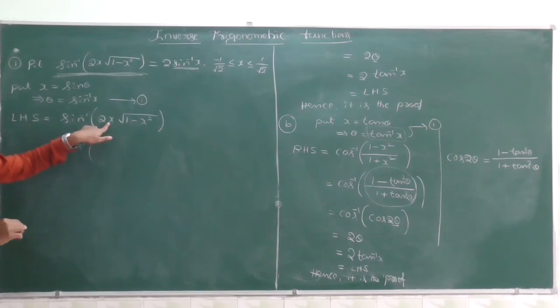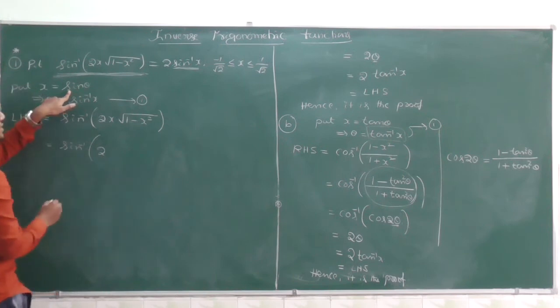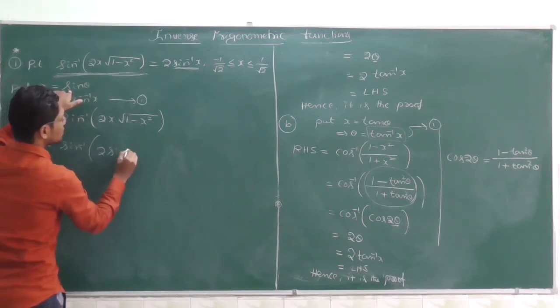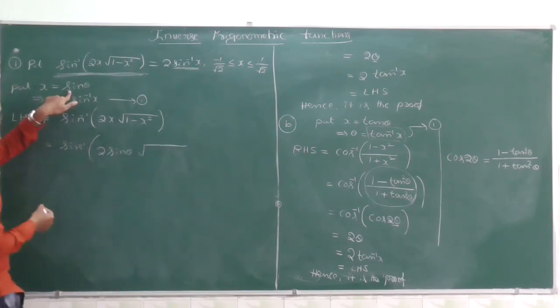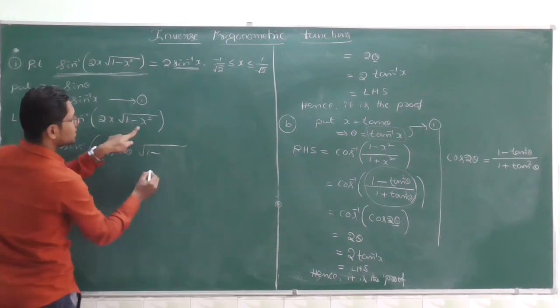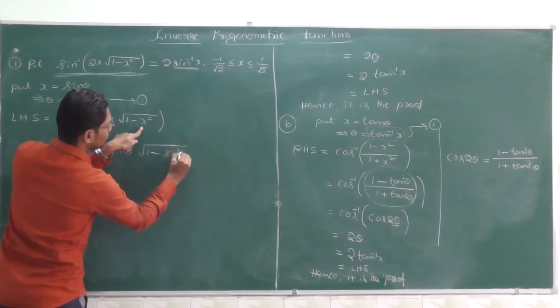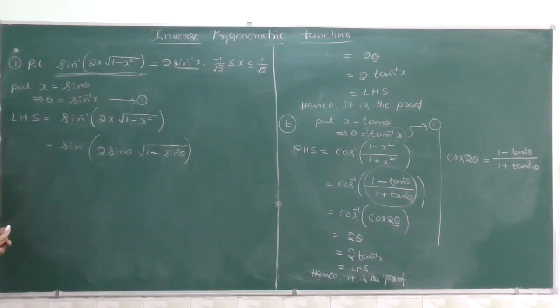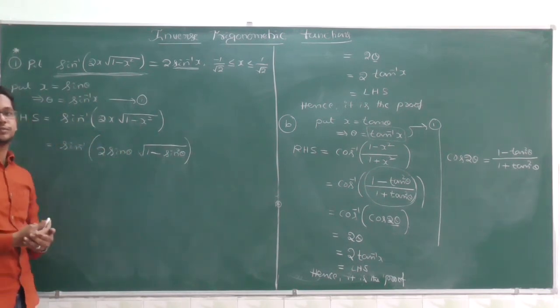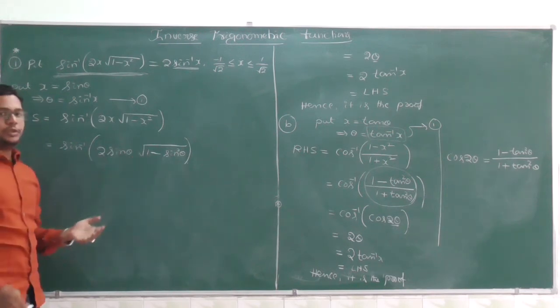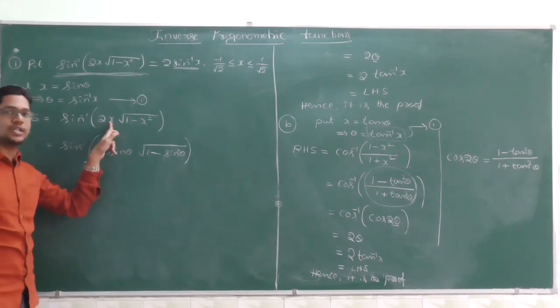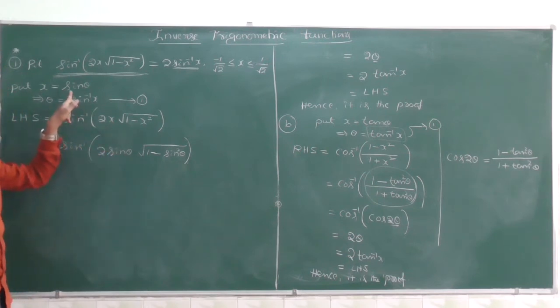Wherever x is there, replace it with sine theta. That's 2 into sine theta into square root of 1 minus sine square theta. Don't be confused; I just replaced x with sine theta.